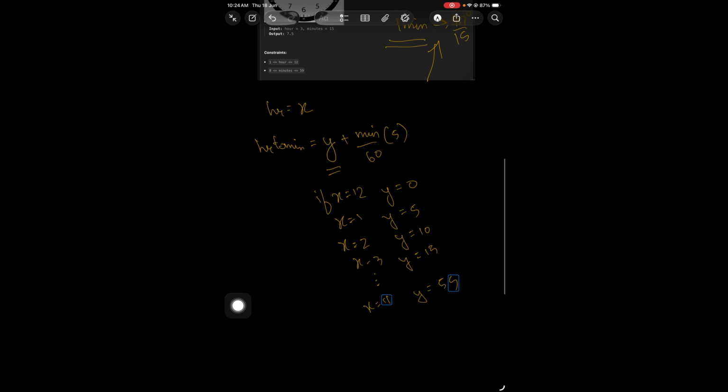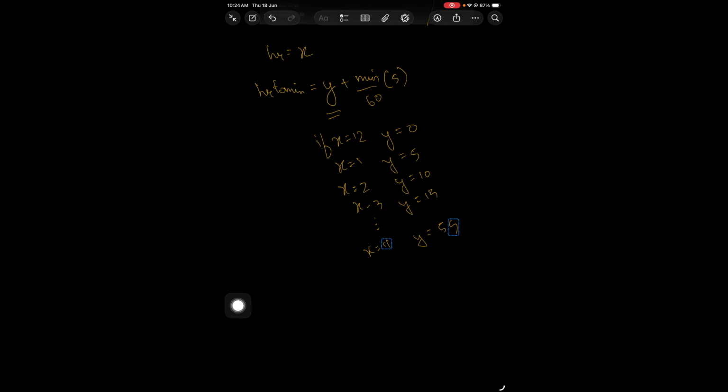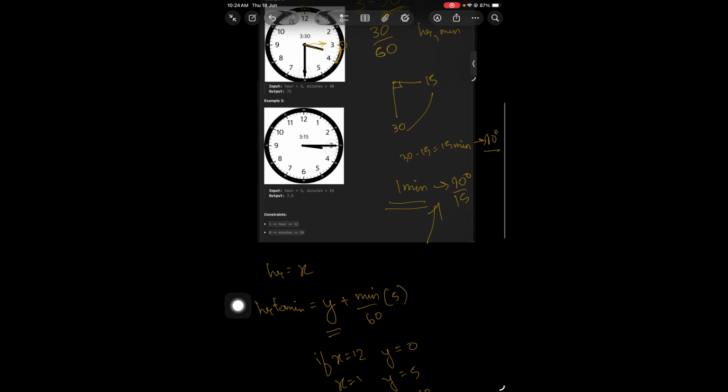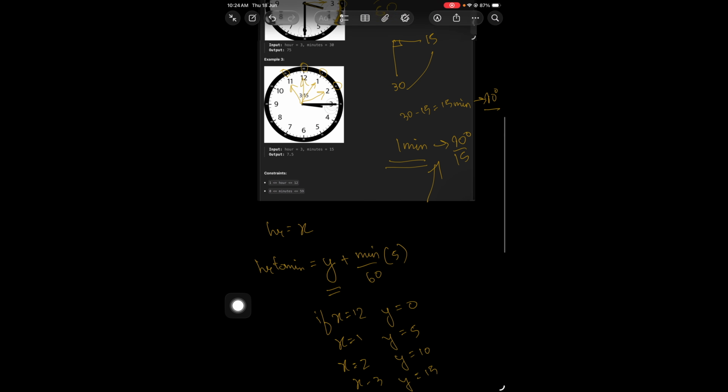So basically, this x is our hour of the clock. Now when it is at 12, what is the minute value? When my hand is at 12, it is 0. When my hand is at 1, it is 5. At 2, it is 10. Similarly, when my hand is at 11, it is 55. So it's an AP.